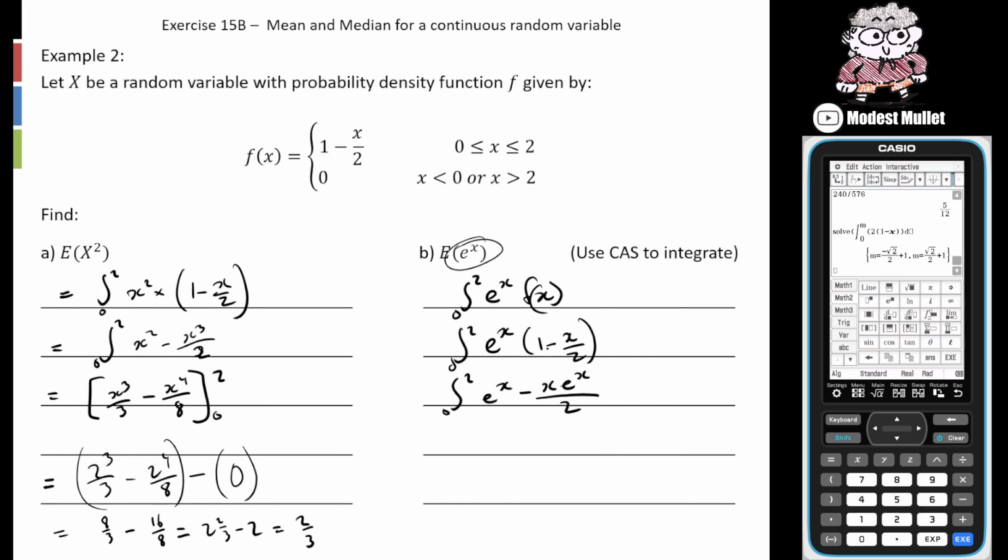And the e to the x we can integrate, but the x multiplied by e to the x, right there we've got a product of x and e to the x. We don't have a rule for integrating products, so this would be a CAS active question. I've got something else I want to show you in a minute to integrate, so I don't want to take that off the CAS, but just put that in your CAS and get your answer. So it'll be whatever it is. That's as far as we'd go by hand. We could just integrate at this step as well.